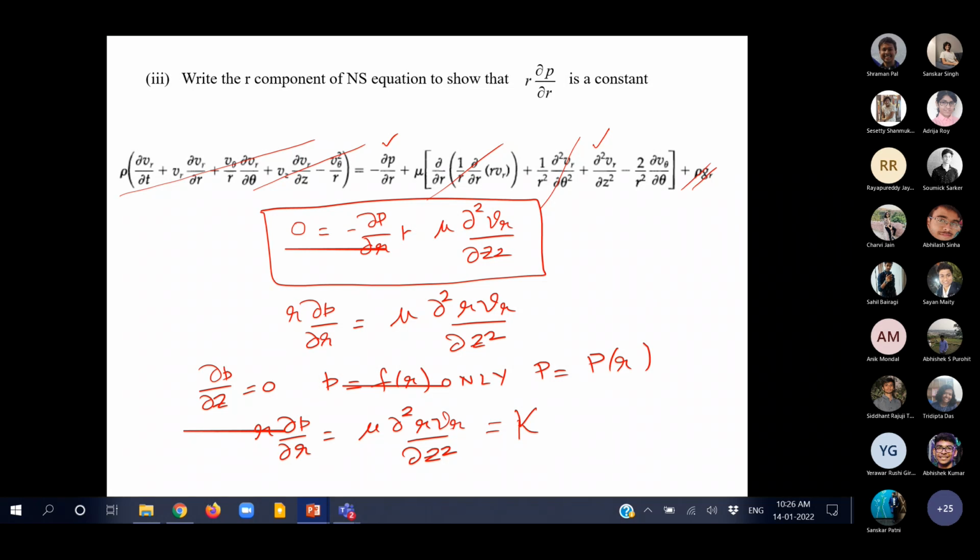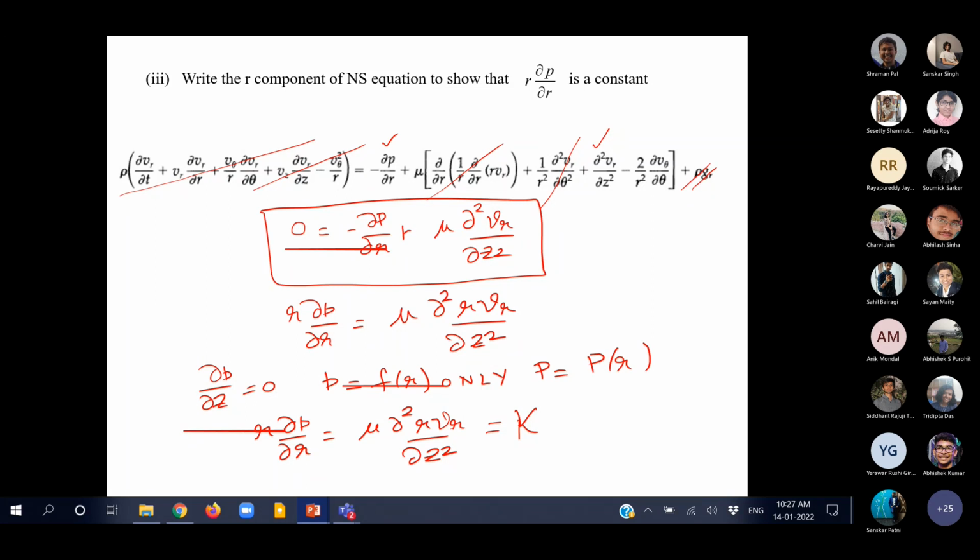So my continuity equation tells me that RVR is a function of Z. So at the most, the right hand side of the reduced equation, which we have obtained from the Navier-Stokes equation, could be a function of Z, whereas the left hand side is definitely a function of R. So what I would get is R del P del R is a constant.